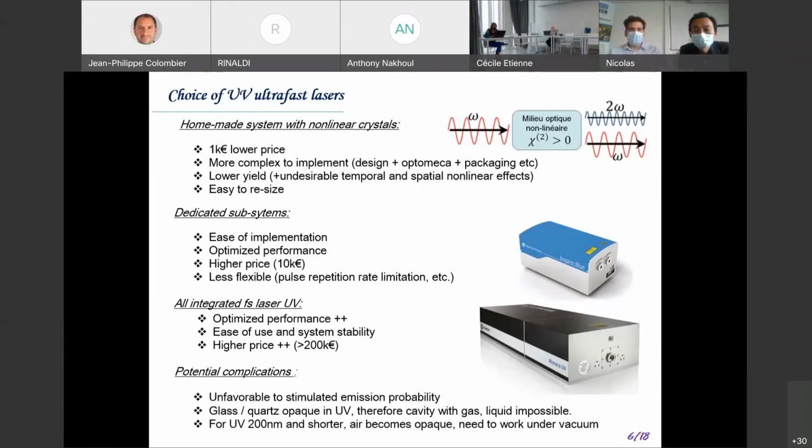And then the last solution, the higher price solution. You can purchase this solution for an amount of 200,000 € and more, depending on the output you want in terms of power and pulse energy. The advantage of this solution is that the laser itself is produced by the manufacturer, and then you have all the laser settings that you can use to have the right process on the surface.